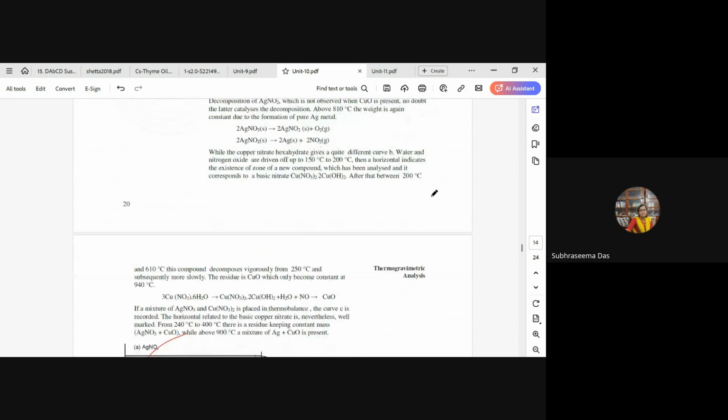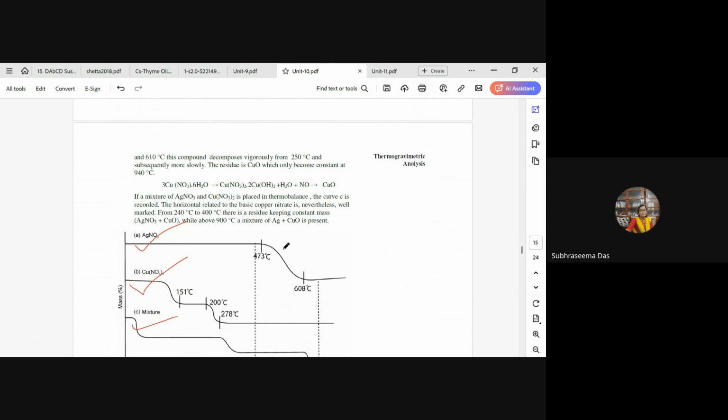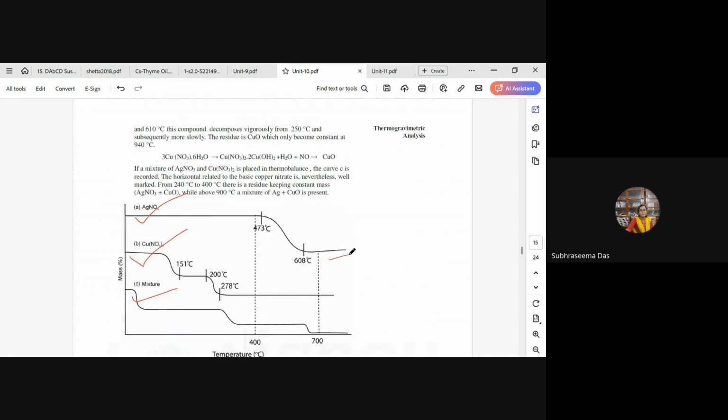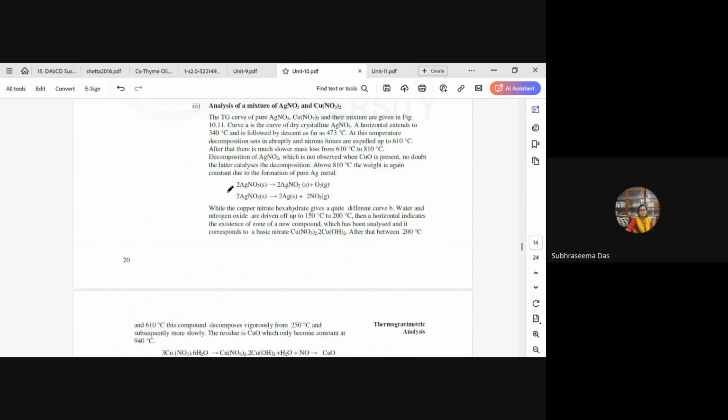Now, curve A represents typical silver nitrate, and the degradation starts at 473 degrees centigrade, and after 600 degrees centigrade the decomposition is less, and here AgNO3 has been converted to AgNO2. Above 810 degrees centigrade, we see pure Ag metal is formed. So these are the two equations that are involved in the degradation of silver nitrate.